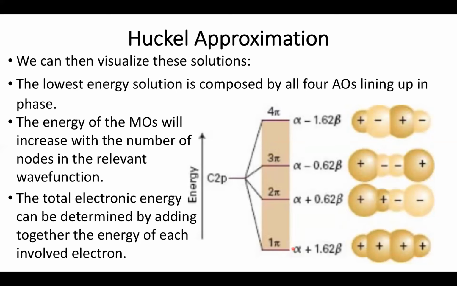However, if we try to extend this to sigma systems or into more heterogeneous systems, we start running into a little bit more difficulty. But for now, it gives very good qualitative descriptions of what our MOs look like. And now you can start to see where all those MOs we generated in general chemistry really came from.